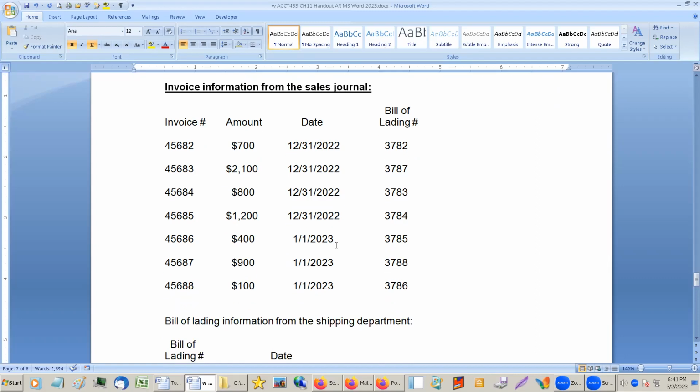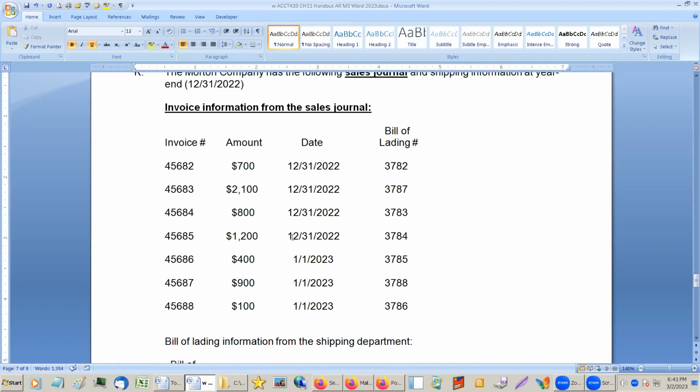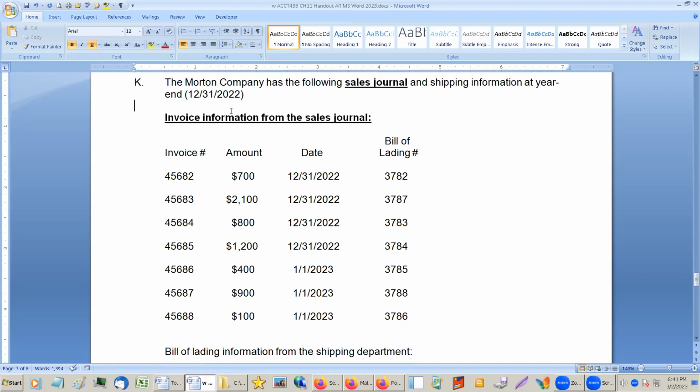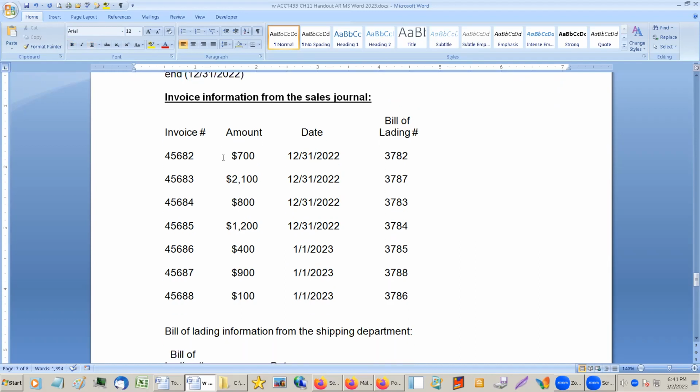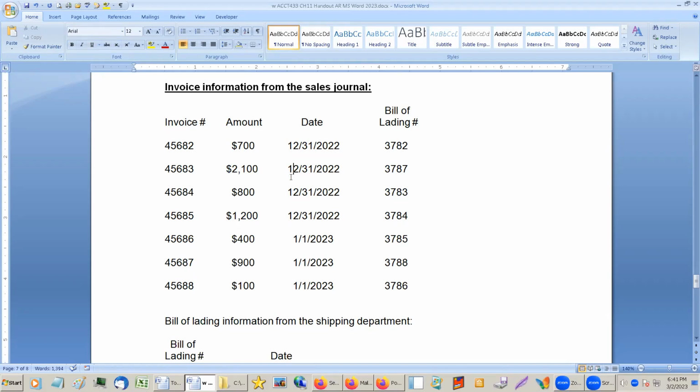Okay, so here is what they have for the information for the sales journal. And notice that the sales journal, this is going down through the 31st, and then this goes into the 1st. So these are going to be the amounts that are going to be in 2022.